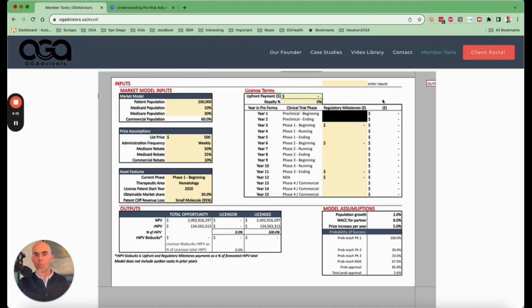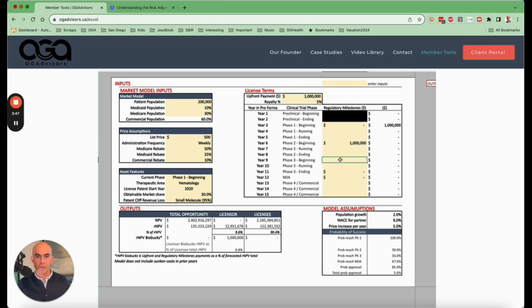And so one scenario could be that you'll want $1 million in advance. You'd want royalties of 5% once the asset becomes commercial. And since you're already in phase 1, you'd like that once we start phase 2, you'd like another $1 million as what's known as biobucks.